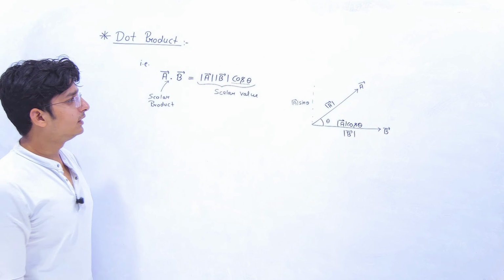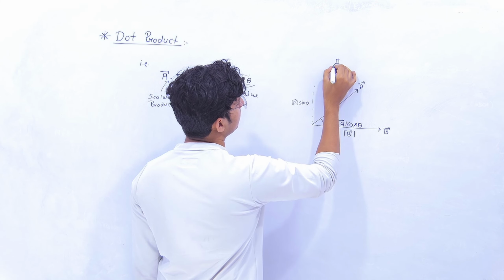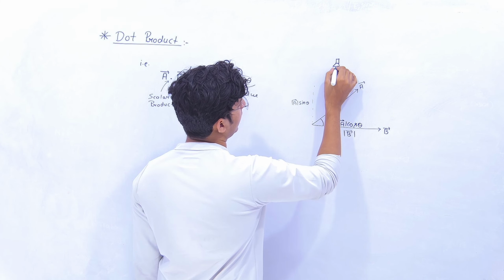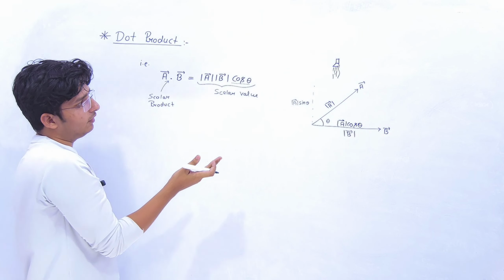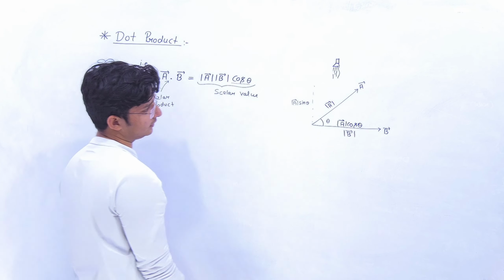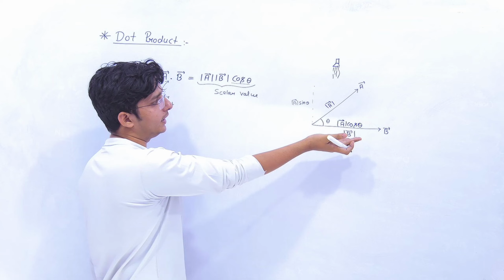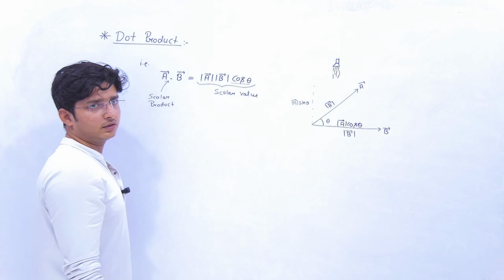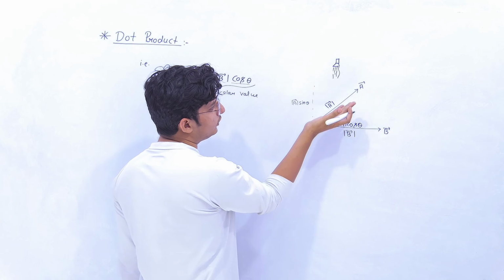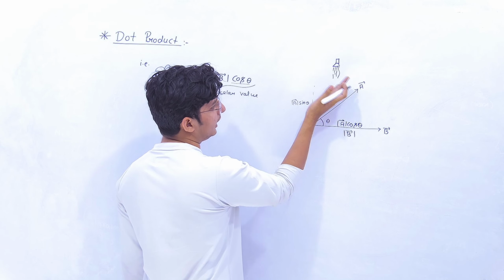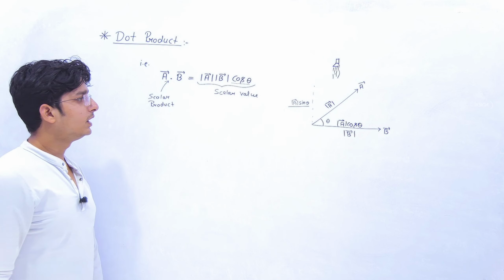Or we can say that if we drop a line from here perpendicularly onto b vector, we get the projection of a vector on b vector. That is called the projection or component of a vector along b vector. Similarly, if you drop the line in the other direction, you get the projection of a vector along this side, which is the vertical component of a vector.